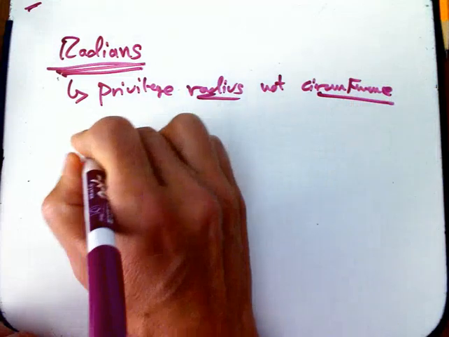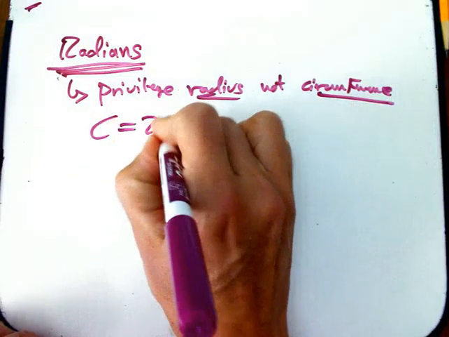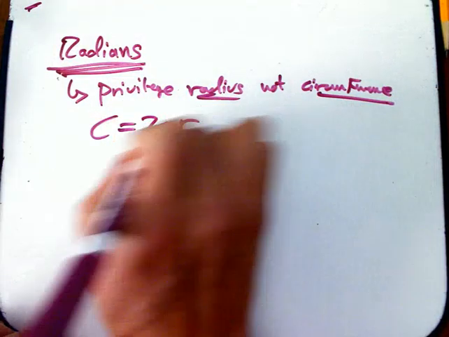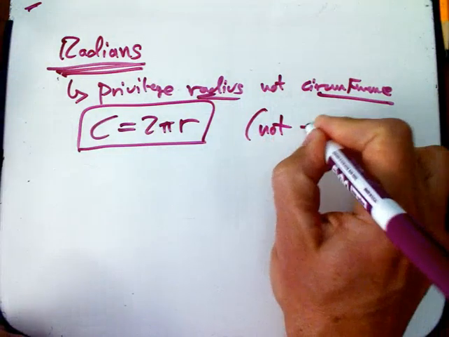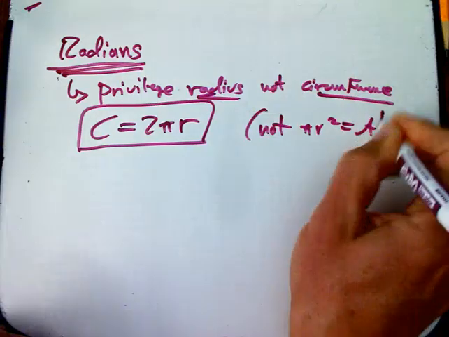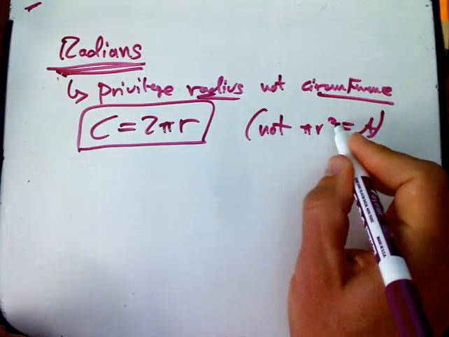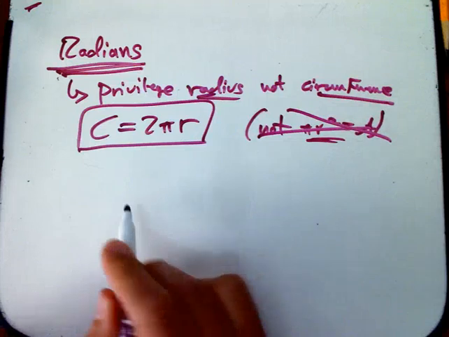And the only thing that introduces is a factor of 2 pi, because the circumference of a circle is 2 pi r. Remember, it's not pi r squared. That's the area. That has units of area because you square the radius. So be careful not to confuse it with that.